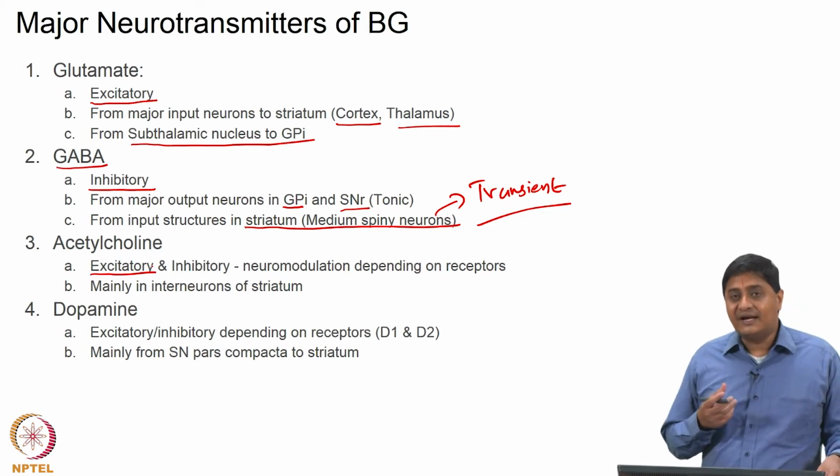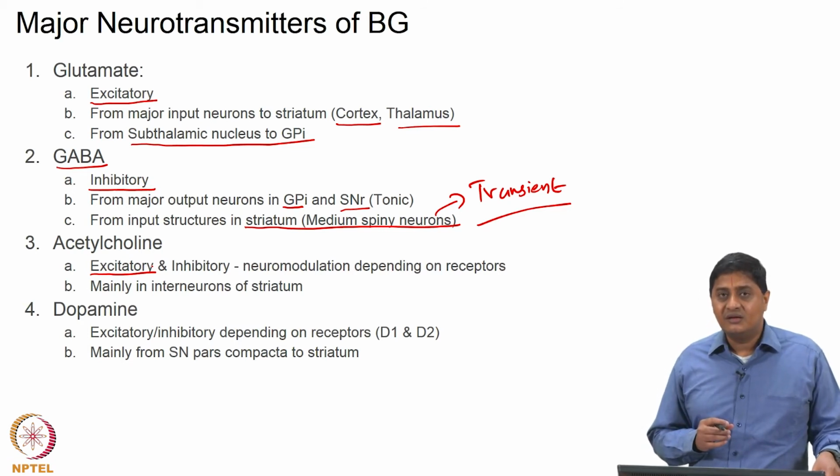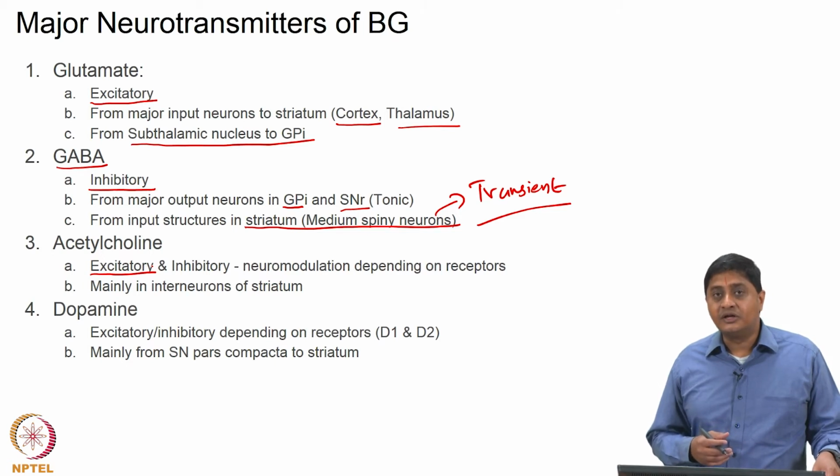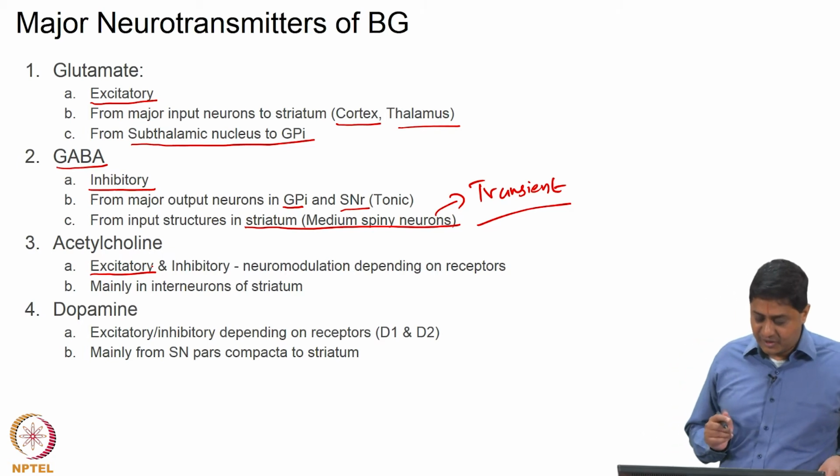However, depending on the receptors, acetylcholine may have either an excitatory or an inhibitory influence on its targets. This is important.